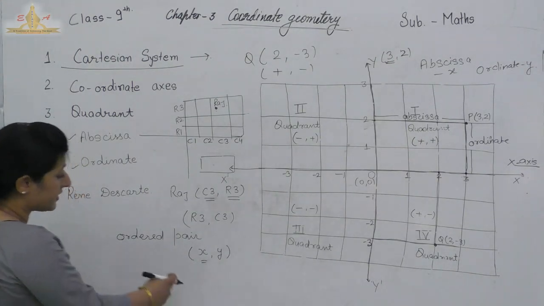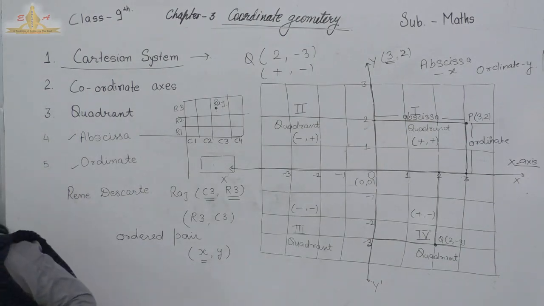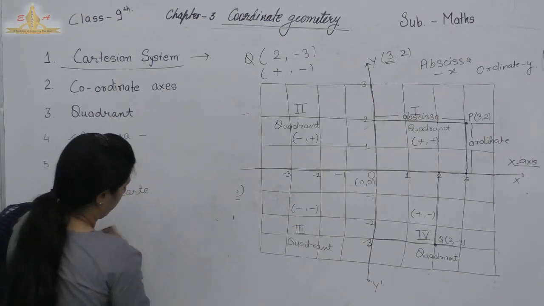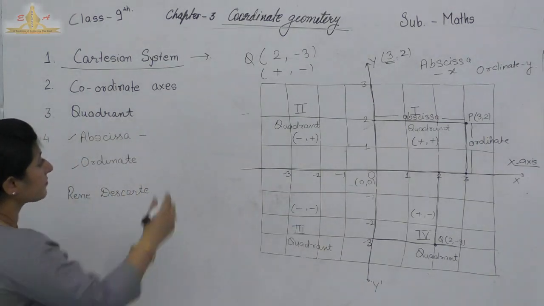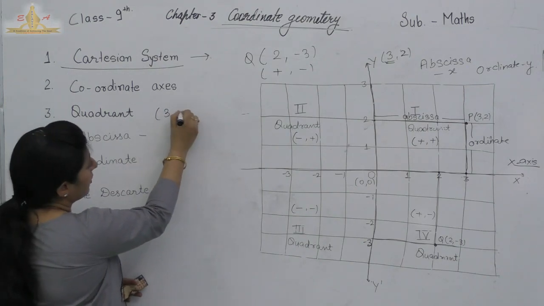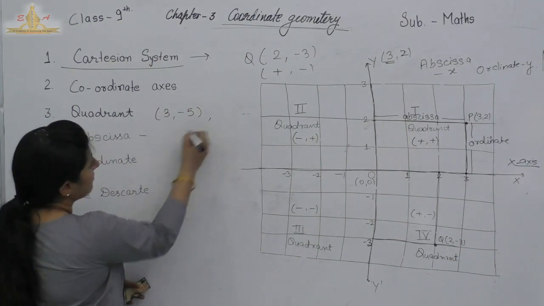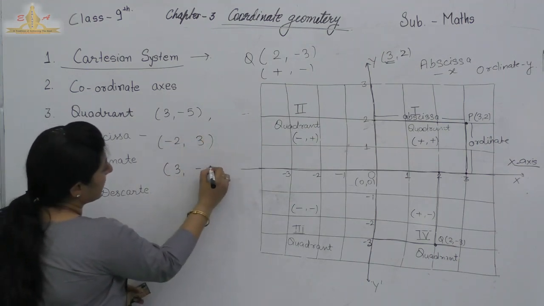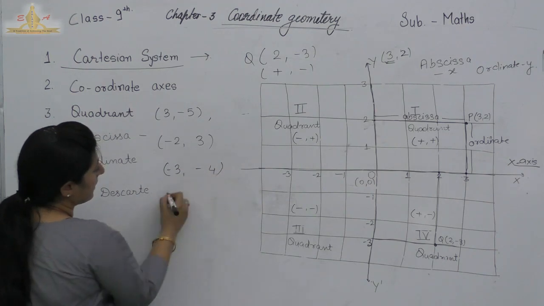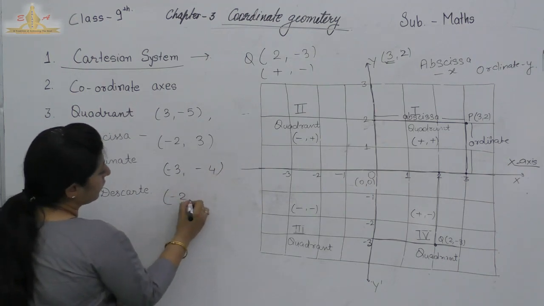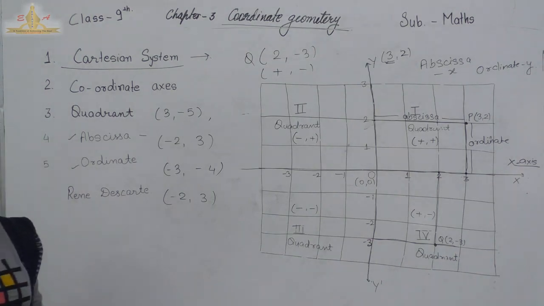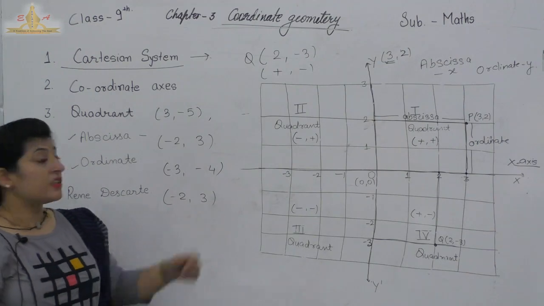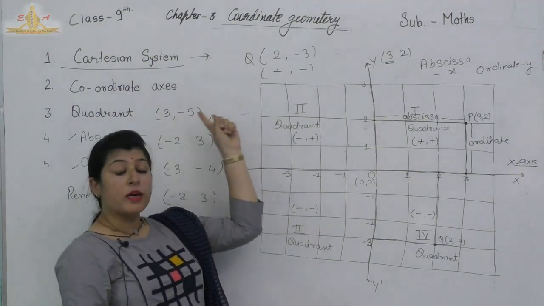Now our question is: tell in which quadrant these points lie. The points are (3, minus 5), (minus 2, 3), (minus 3, minus 4), (minus 4, 2, 3). Now see, first (3, minus 5).